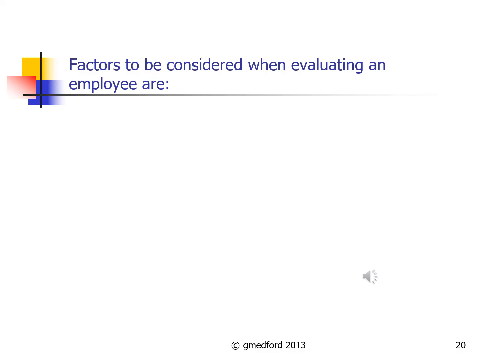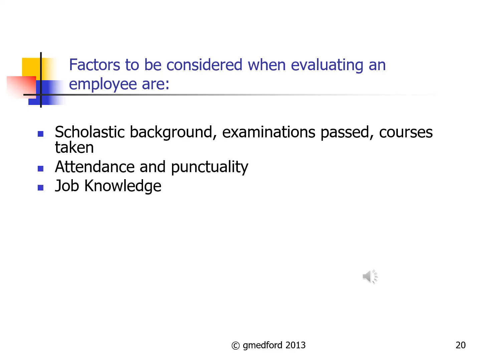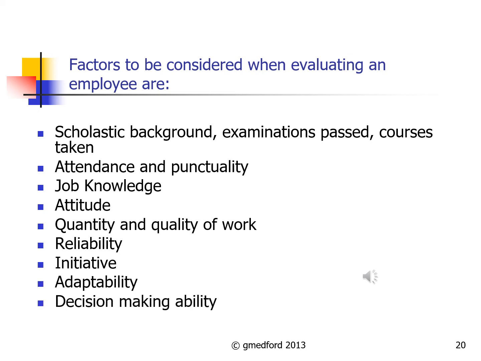Some such factors that are to be considered when evaluating the employee are scholastic background, examinations passed, courses taken, attendance and punctuality, job knowledge, attitude, quantity and quality of work, reliability, initiative, adaptability, decision-making ability.